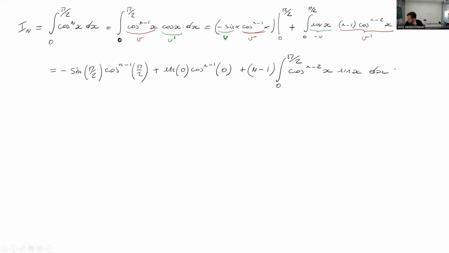And I think I forgot something. I made a small mistake when I said the derivative of v is n minus 1 cosine n minus 2 x. I didn't apply my chain rule completely. There's also a sine x that I have to add. So all of this together is the derivative of v. That means in the result I get one sine here and another sine here, so sine squared.